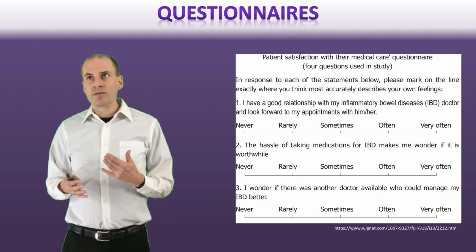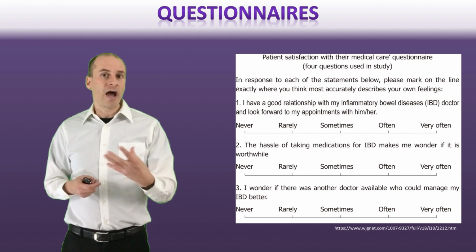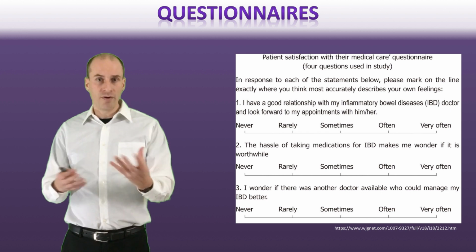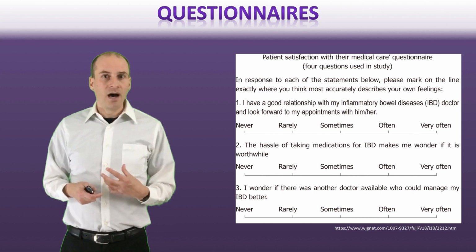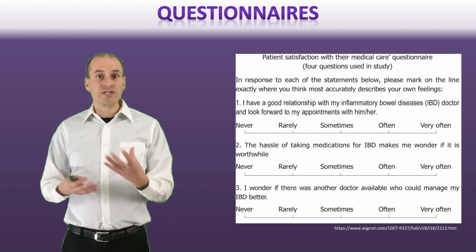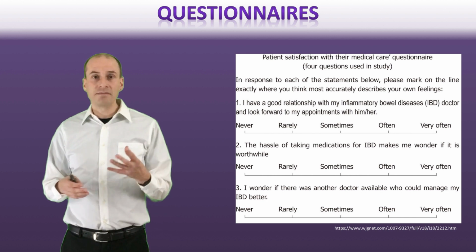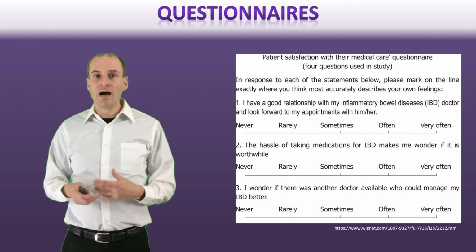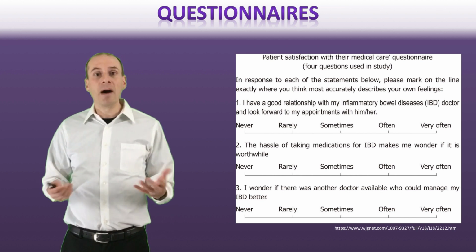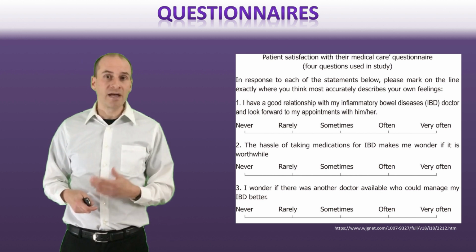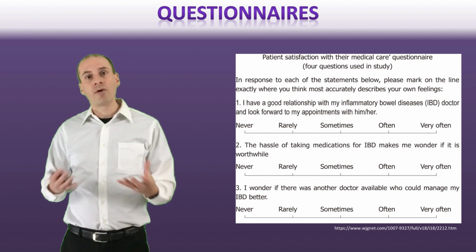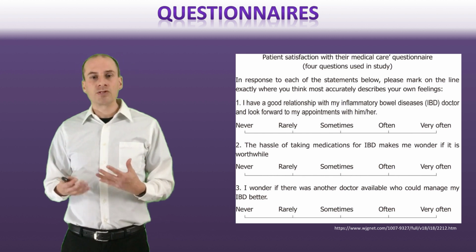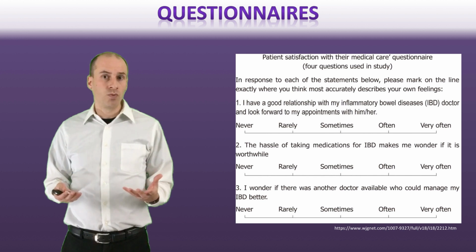Now, sometimes this produces a very high quality mode of gathering data if you design these surveys very well, but sometimes they are fairly random and we don't have them very well set up. So if we just make them up off the top of our head, the wording might not be right. There might be issues with the formatting. So quality of these questionnaires will vary.